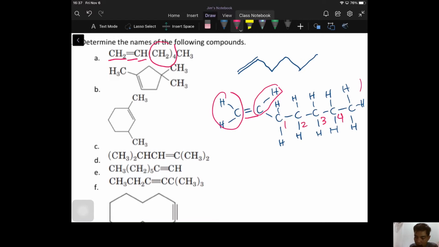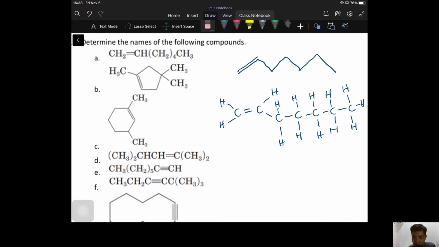Then finally, your CH3 at the end. Okay, so if you convert this into a line angle formula, ito yon, zigzag: CH2, CH, CH2, CH2, CH2, CH2, then CH3.